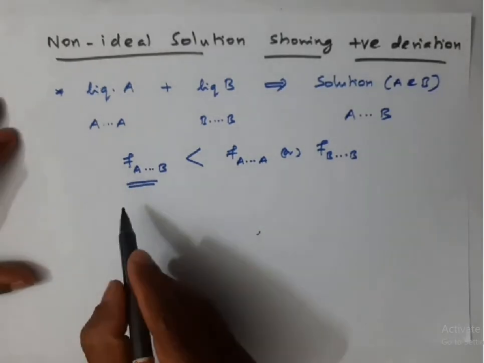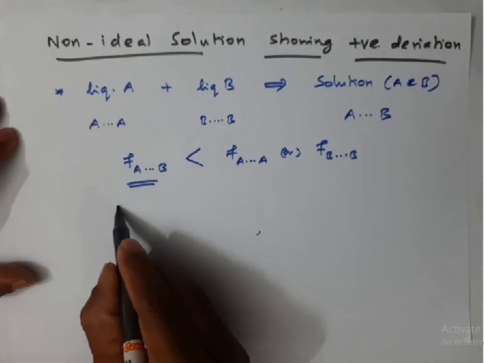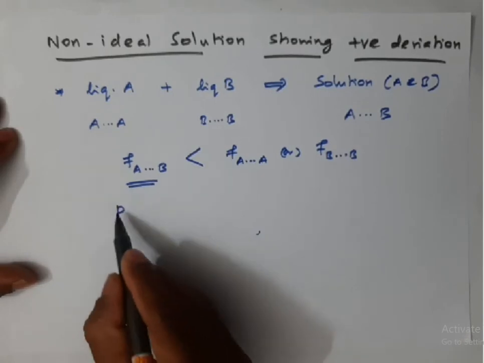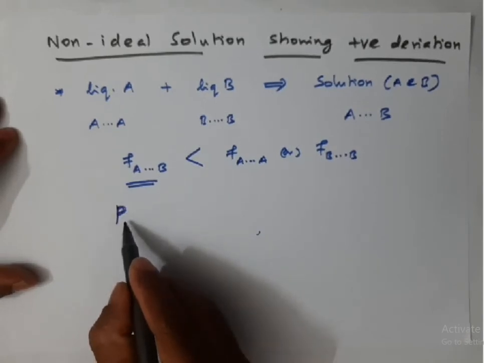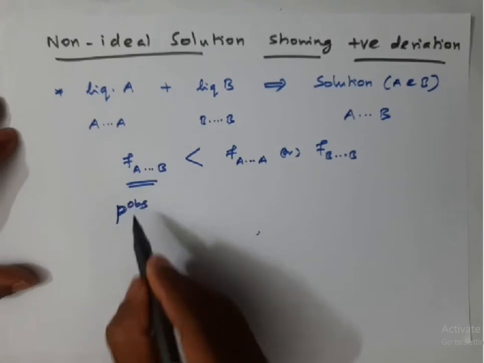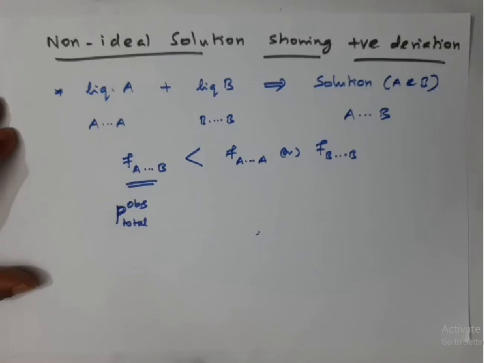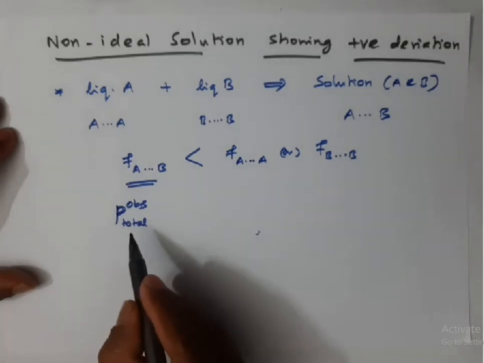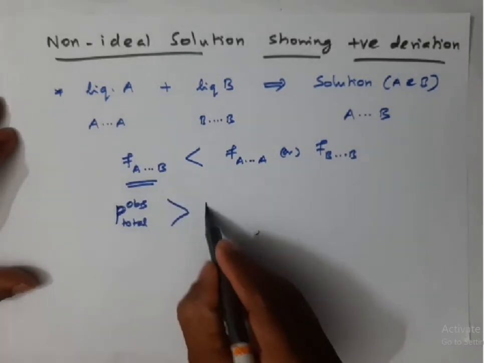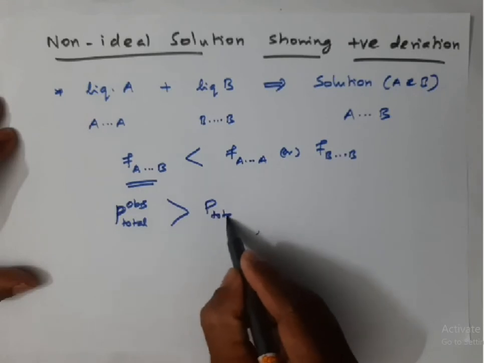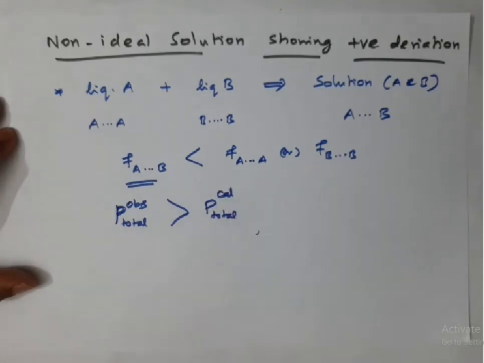In this case, the observed total vapor pressure, also called experimental pressure, will be greater than the calculated total pressure.